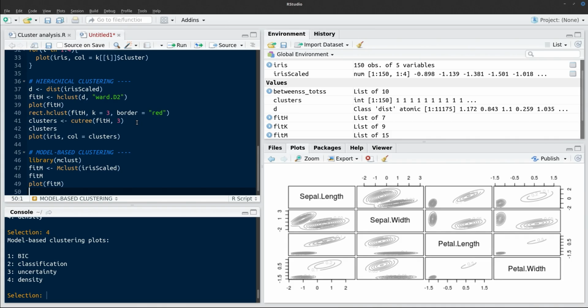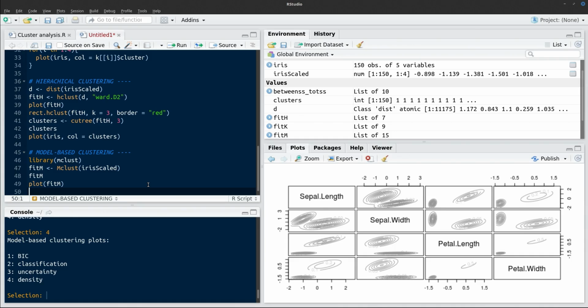Now you'll notice that unlike K-means and hierarchical clustering, this model-based clustering gives no flexibility to the data scientist as to the number of clusters that are identified or to how the group membership is assigned, which in one way is a good thing because it removes the subjectivity of it, but in another way is bad because it doesn't allow you to tune and select the parameters.